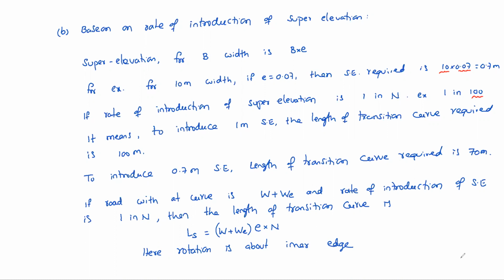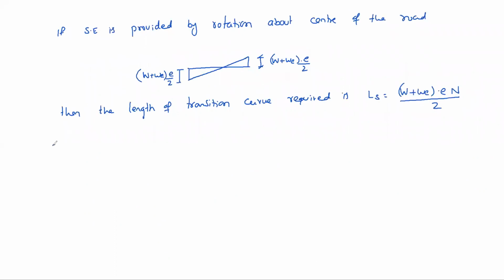Then finally case 3, C. See, the first one is based on centrifugal acceleration or comfort condition. The second one is based on introduction of superelevation. The third one is the IRC recommended formula.